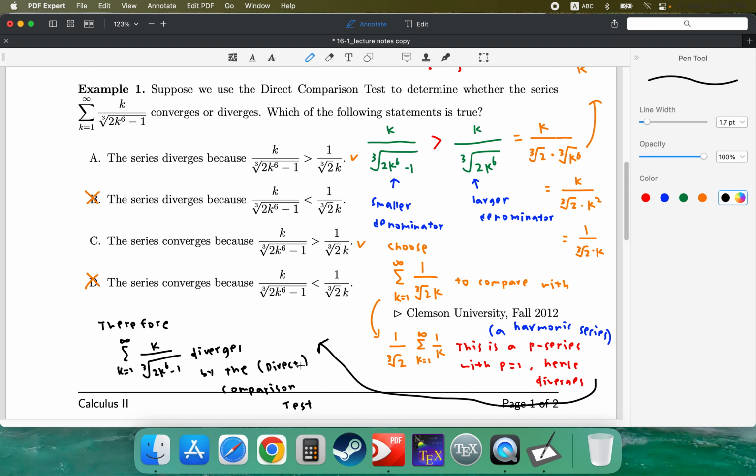Any questions? If you have any questions, please do not hesitate to email me. Sorry, I think we have to choose A. The series diverges. So let's take a look at page 2.